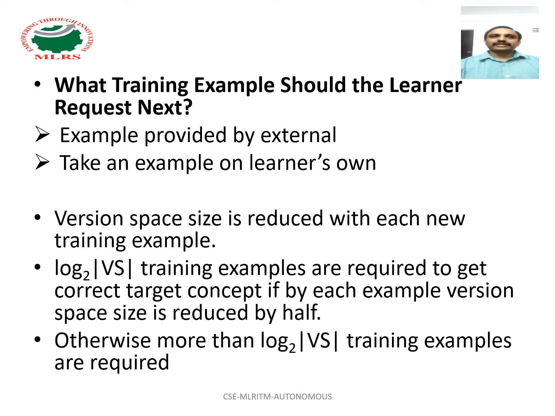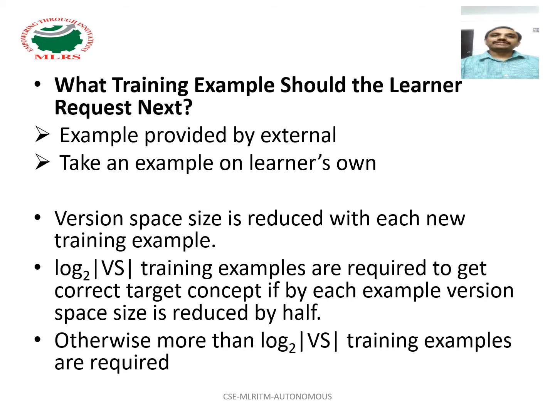The second remark is: what training example should the learner request next? The learner can choose the next training example from external resources or he can take it on his own. Whatever the resource, the version space size is decreased.